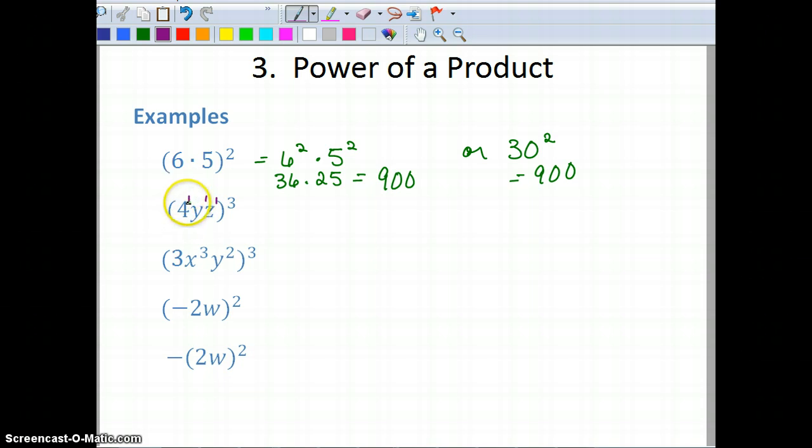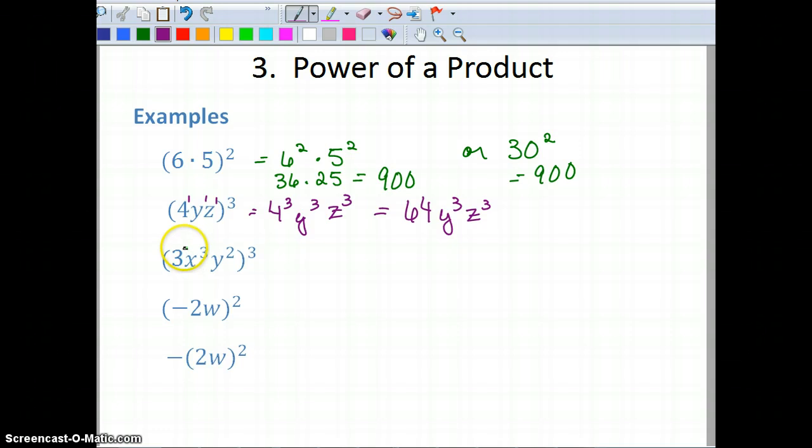So 4 to the 1st power times 3, or to the 3rd power, that gives me 4 cubed. Multiply my exponents, 1 times 3, so that gives me y cubed. My z has an exponent of 1 times 3, so that gives me z cubed. Which when I do that, I get 64 y cubed z cubed.